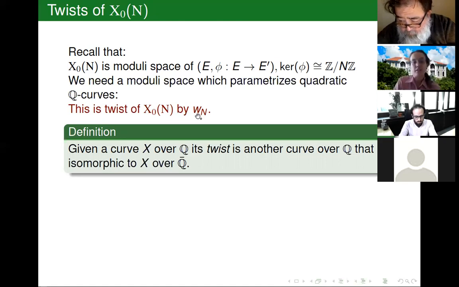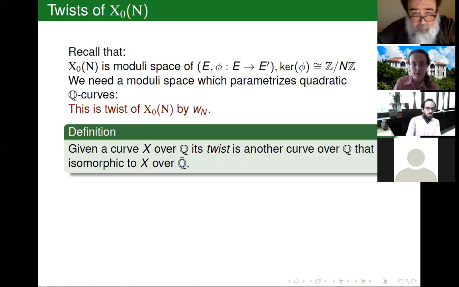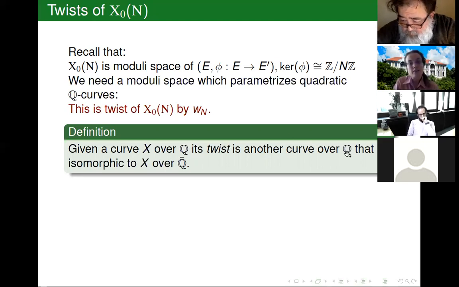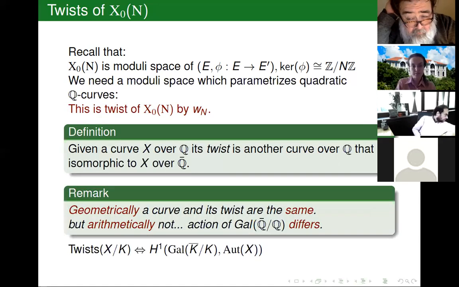But in general, what's the meaning of a twist for a general curve? It's something very easy to describe. A twist is another curve defined over the same field. So if your original curve is defined over Q, its twist is another curve over Q again. And the twist is isomorphic to the original curve over the algebraic closure of Q. So these two curves, X and its twist, are geometrically the same curve.